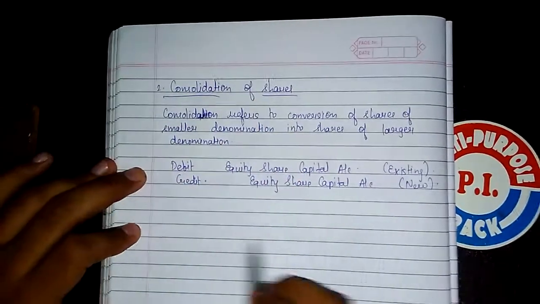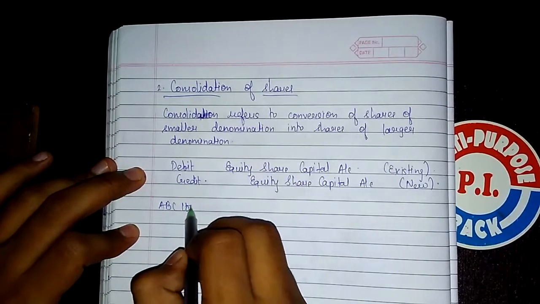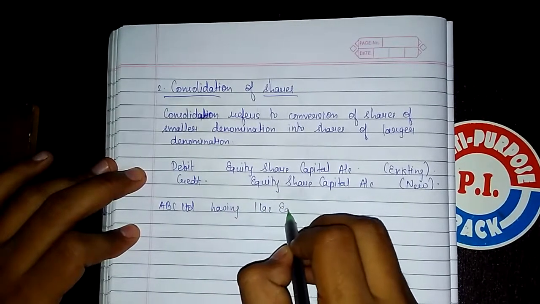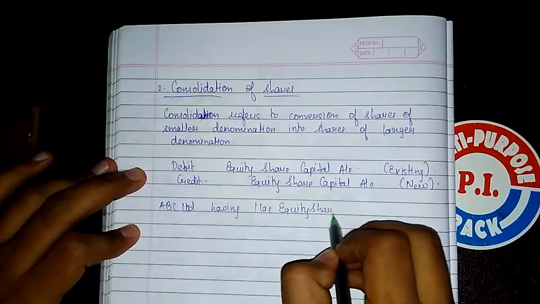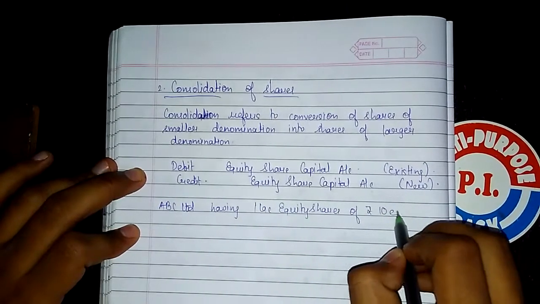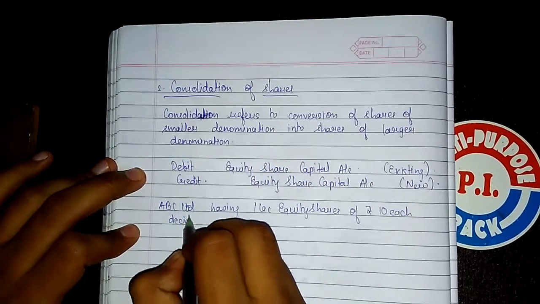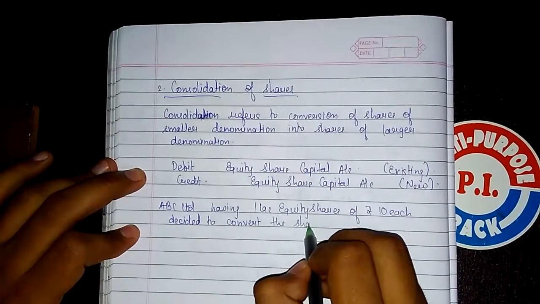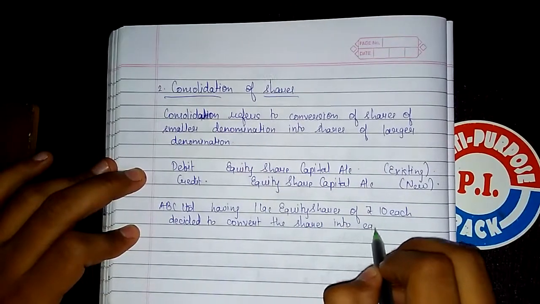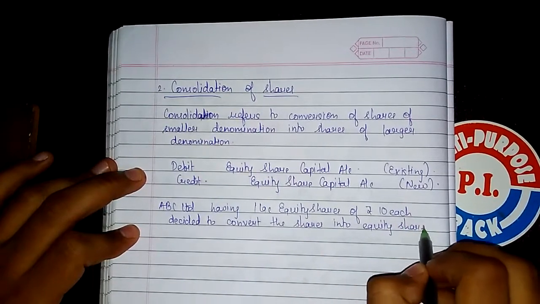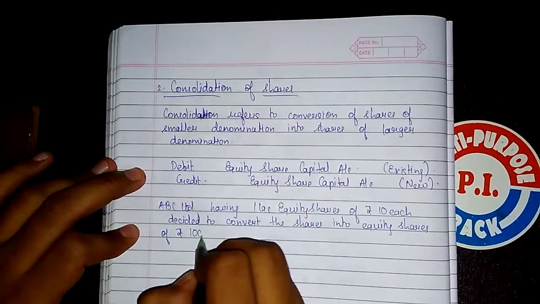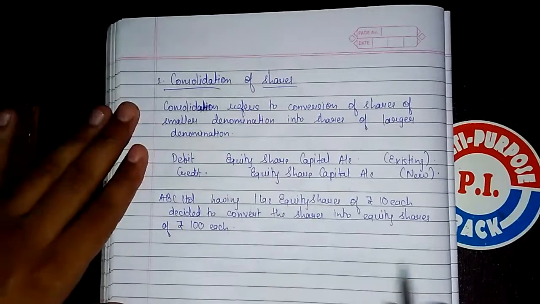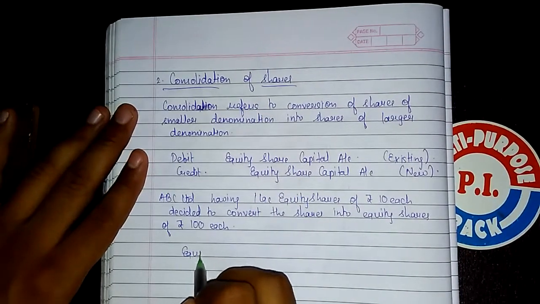Take the example: ABC Limited having 1 lakh equity shares of rupees 10 each, decided to convert the shares into equity shares of rupees 100 each. Pass the journal entry. That means the smaller denominations are converted into higher denominations. So firstly write the journal entry in a normal manner.